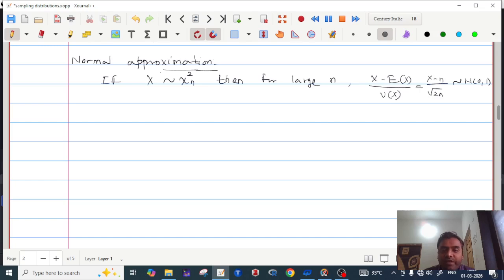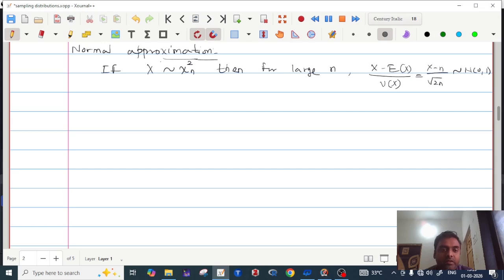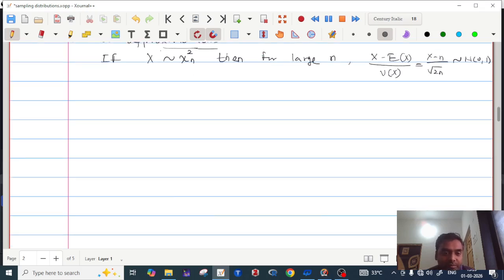So if X is chi-square n, then for large n, the distribution of X minus n upon under root of 2n follows the standard normal. This is the normal approximation.